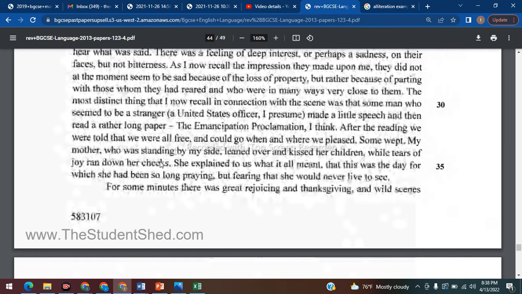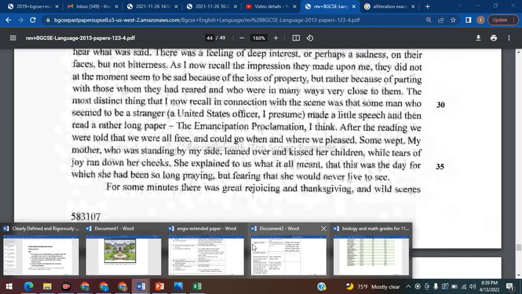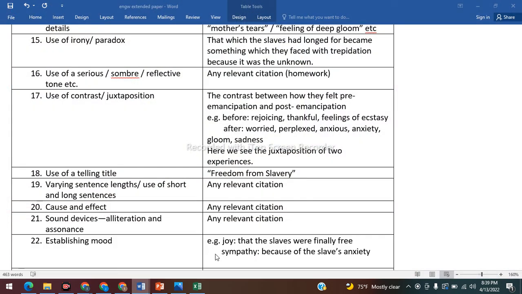She explained what it all meant, that this was the day for which she had been so long praying, but fearing that she would never live to see. Come on, what's the mood here? What's the mood that the author is trying to convey, that he wants the reader to feel?